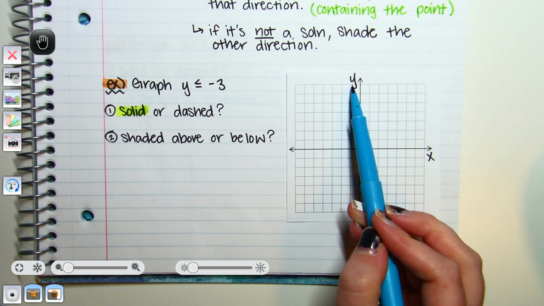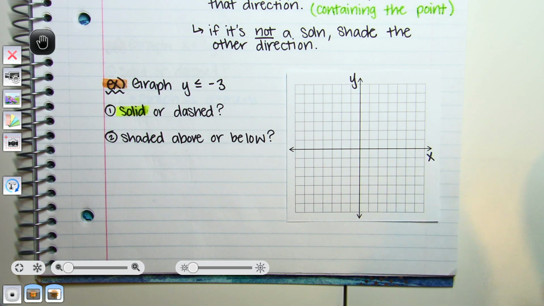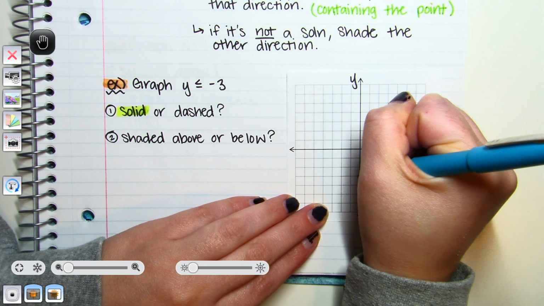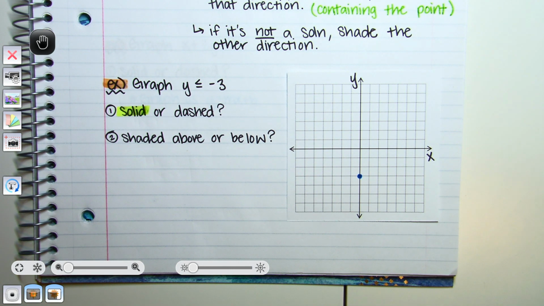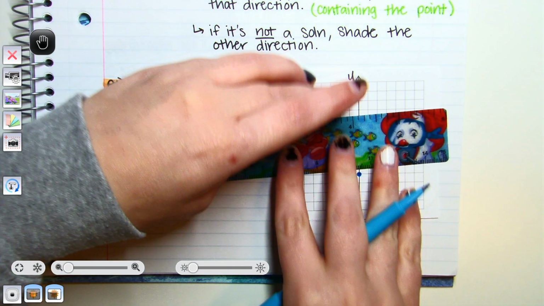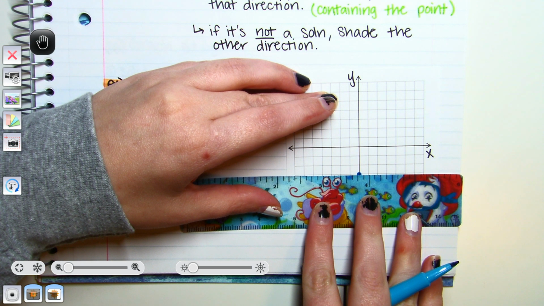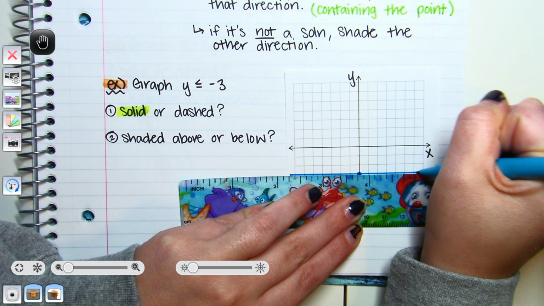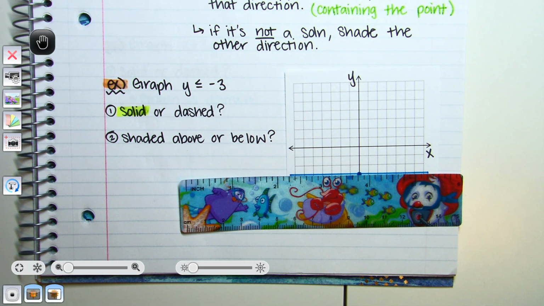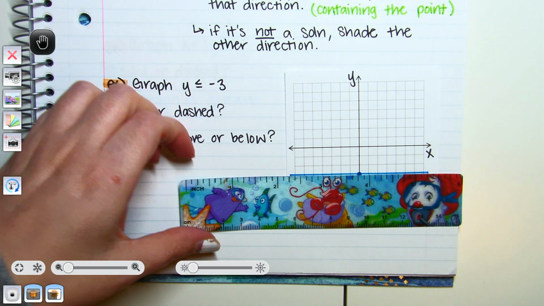I labeled my x and y axis, so I make sure I graph this correctly and tape it down on the paper correctly. So it goes through the value y equals -3, and it is a solid line. So I'm going to draw a solid line going through at y equals -3.